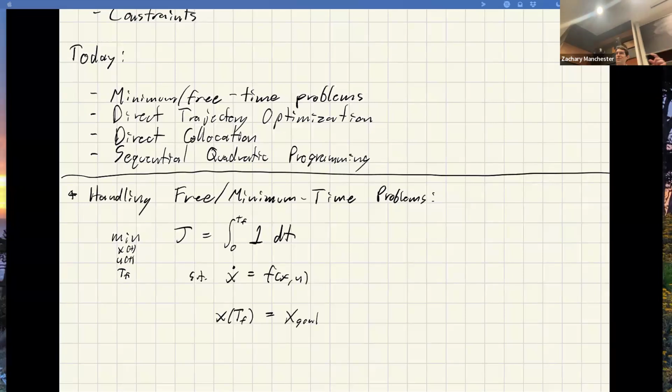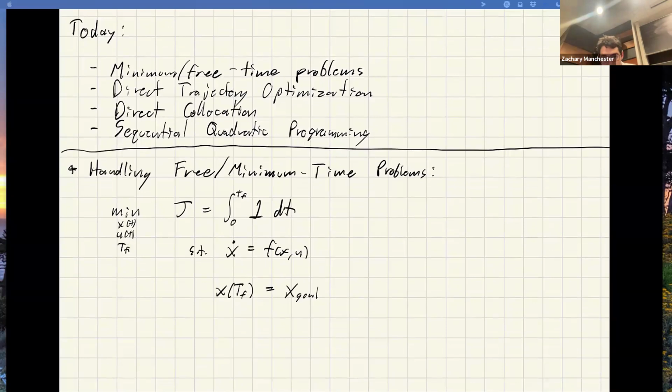We also need another set of constraints to make this well posed. Anyone have any thoughts on that? Like right now, what are the optimal controls as I've written this? They're basically to slam this to infinity, right? Okay, so to make this not a stupid, ill-posed, pointless problem, we also need to have input constraints on this. So something like u min, u max.